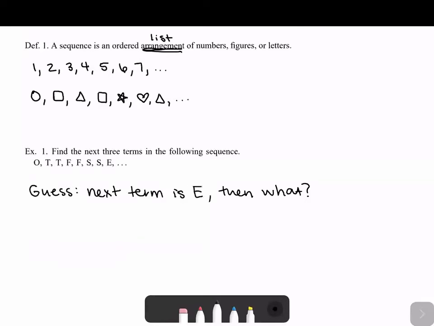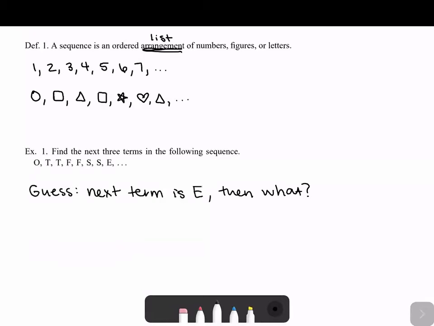We have the first term, the second term, the third term, the fourth term, the fifth term, the sixth term, the seventh term, the eighth term. So every term in our sequence has a position corresponding to a number. I'm going to say that again. We have the first term, the second, the third, the fourth, fifth, sixth, seventh, and eighth.